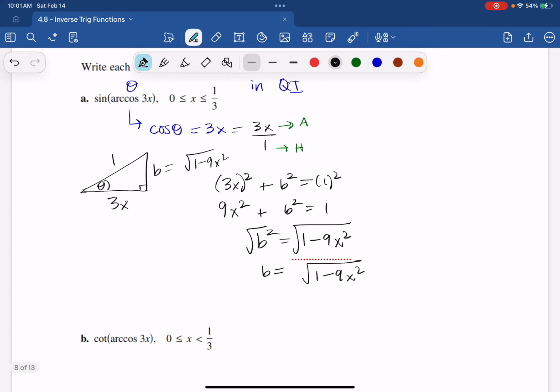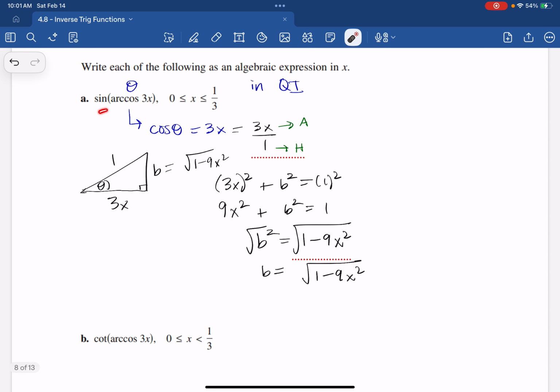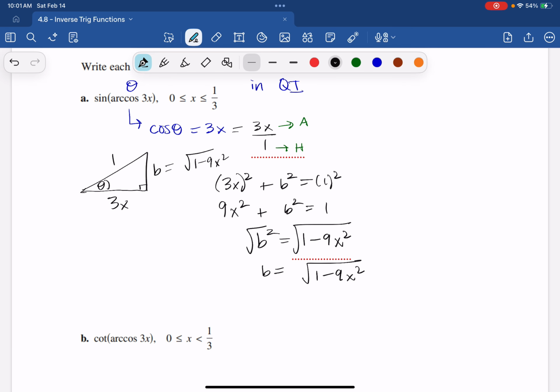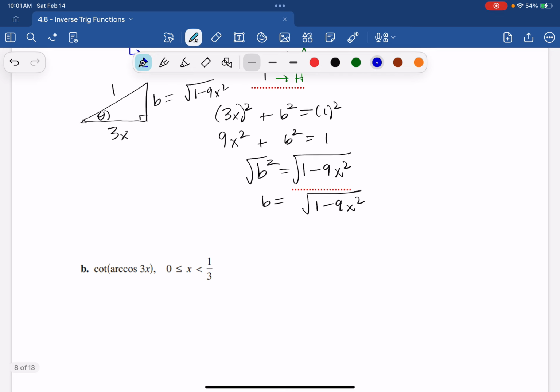Now let's answer the question. I want the sine of arc cosine of 3x. So I need the sine of theta. So to do sine, I do opposite over hypotenuse. So to finish this off, we have that sine of theta equals the square root of 1 minus 9x squared divided by 1, which is the square root of 1 minus 9x squared.